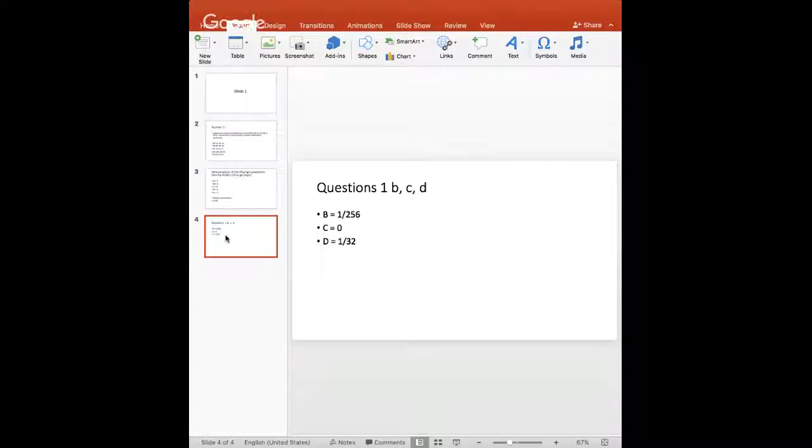For B, C, and D, we got 1/256, C is 0, and D is 1/32.